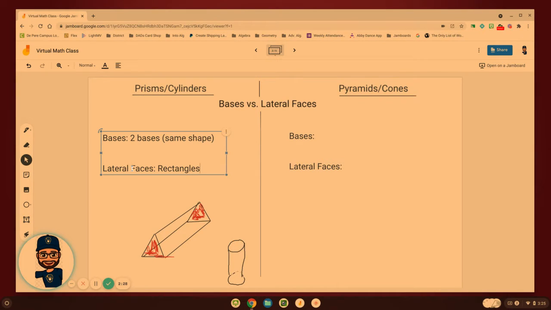The lateral faces are what tell us it's a prism, and they connect the bases together. Pyramids and cones, on the other hand, have only one base. Typically some shape, and then all those points would meet up at the top.